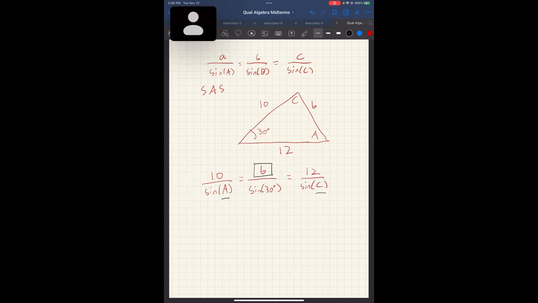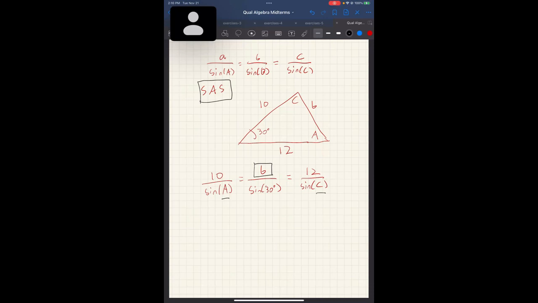So without angle C, I can't get angle A. And without angle A, I can't get angle C. Additionally, I can't get side length B until I have either angle A or angle C. So from the law of sines, I am entirely stuck. I can't make any progress with the law of sines. Now, this, with a triangle that looks like side angle side, is where what we have called the law of cosines can come into play.